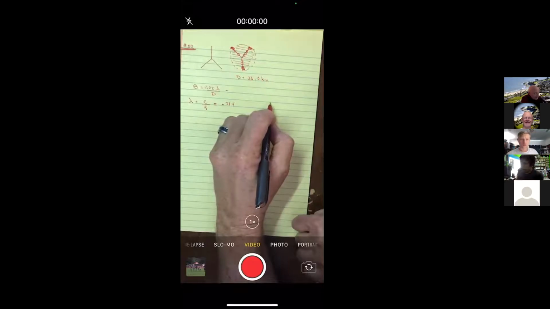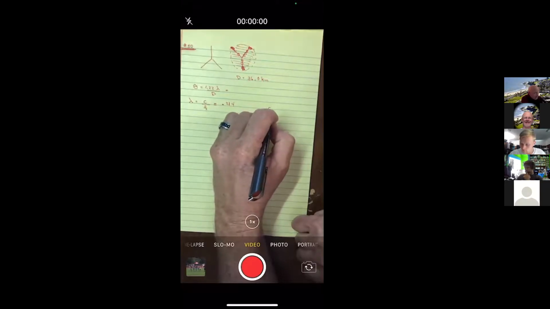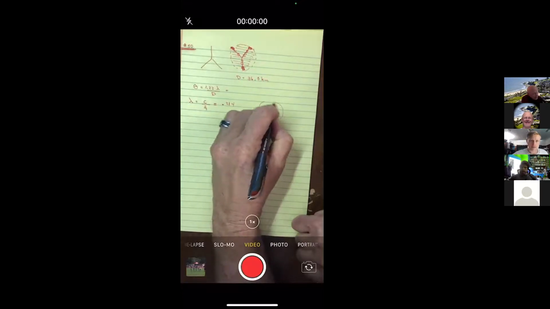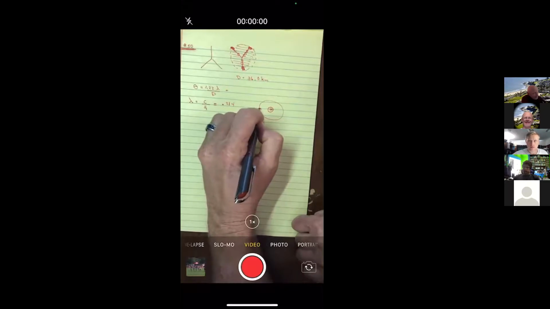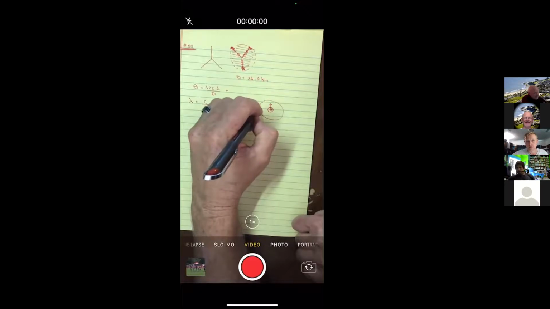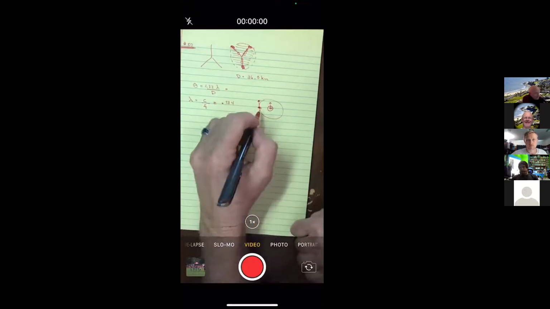Hydrogen, which is most of our universe out there, has one electron. And if it gets energized, I'll put arrows up.